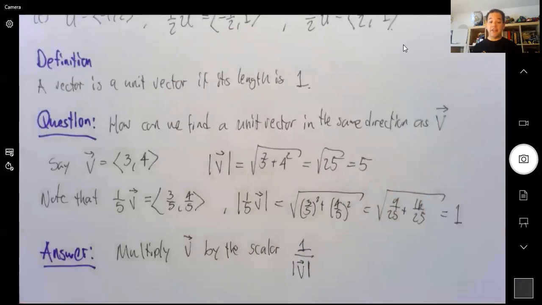It's like dividing by its magnitude. If you divide by its magnitude, then the magnitude becomes 1, which is what we want, right? So it's very, very easy to do.